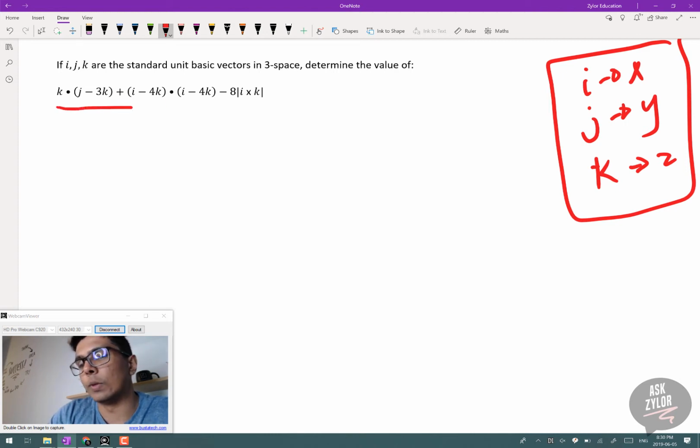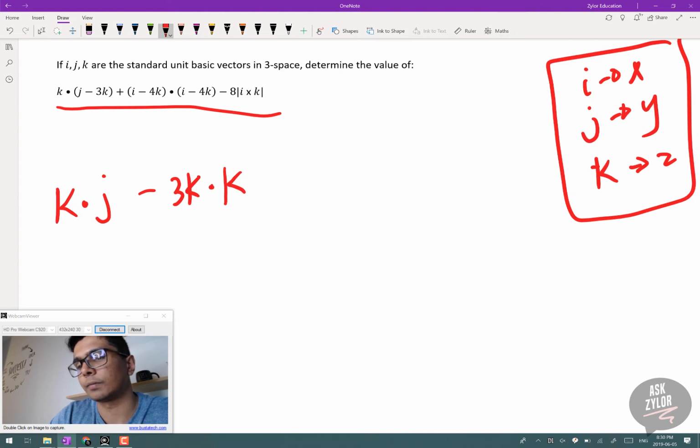So when we're dealing with dot products, we can distribute the vector inside. So we have the dot product of k and j, minus 3 times the dot product of k with itself, plus, again since it's a dot product, we're going to expand this like a binomial, right?